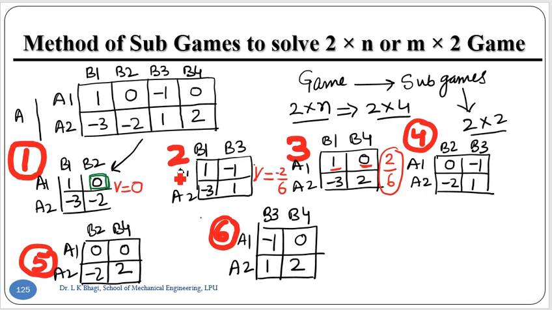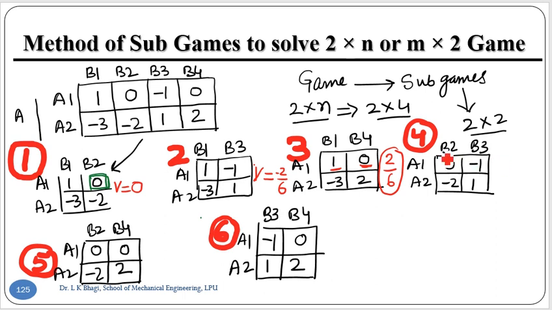So out of these 3 subgames, subgame 2 is the best up till this point, because we get the value minus 2 by 6 in subgame 2.